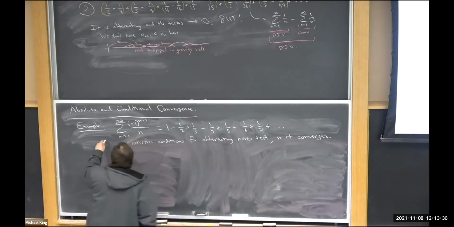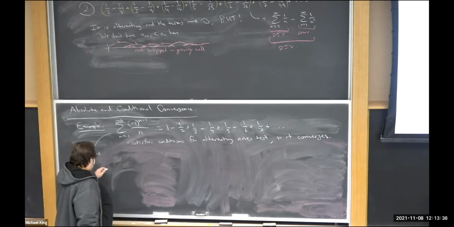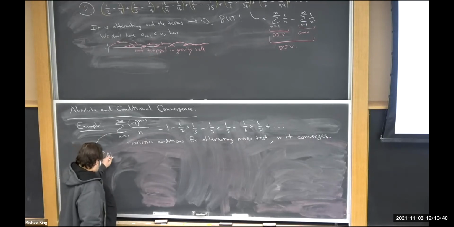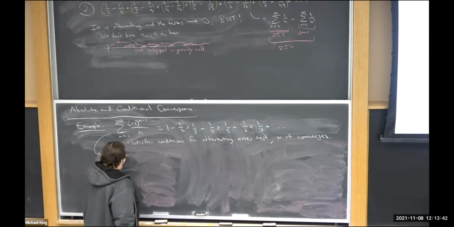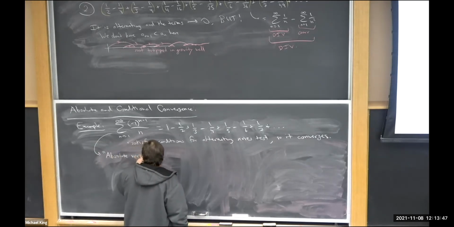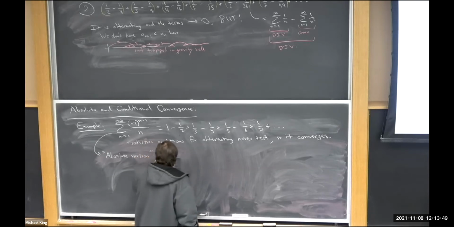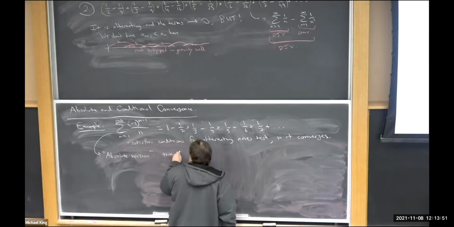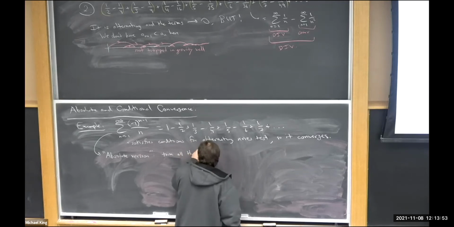So this is a series, but then there's what's called the absolute version of the series. And it's absolute like absolute value. Turn all the minuses into pluses.